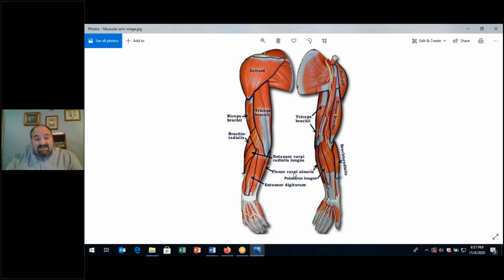If it's a wrist extensor, extending the wrist, it would be an extensor carpi. Okay, do you understand? You have to think along those lines. So where would I expect to see wrist flexors? More anterior. Where would I expect to see wrist extensors? Posterior, okay? Does that make sense to you all? I hope it does, because that's just how it is.